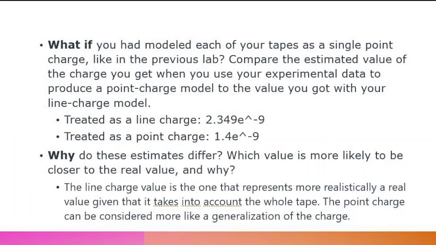Lastly, for the two questions. What if we modeled each of our tapes as a single point charge? Mainly, we can see the difference in the magnitude of the charges.